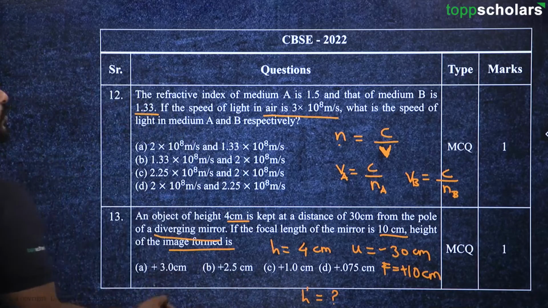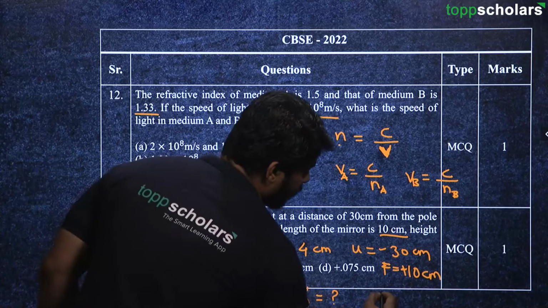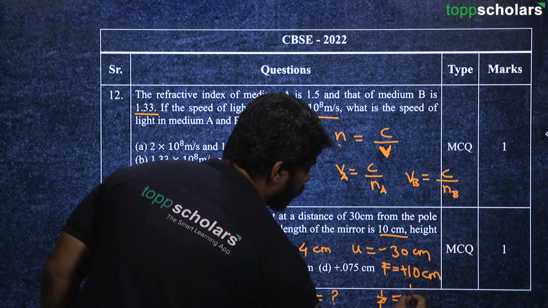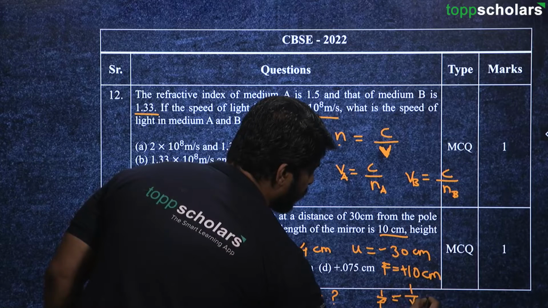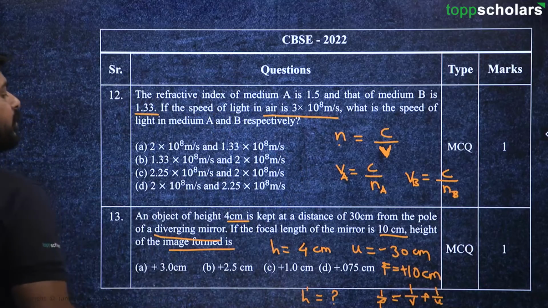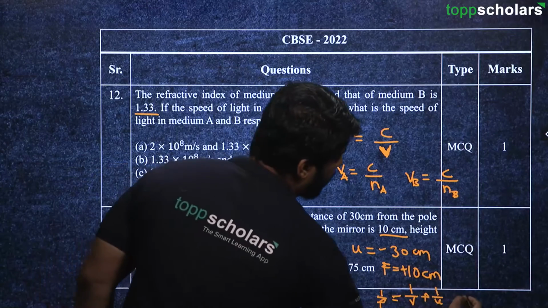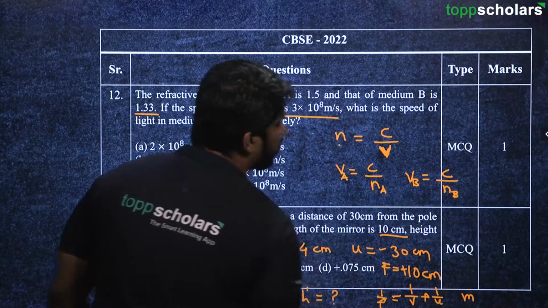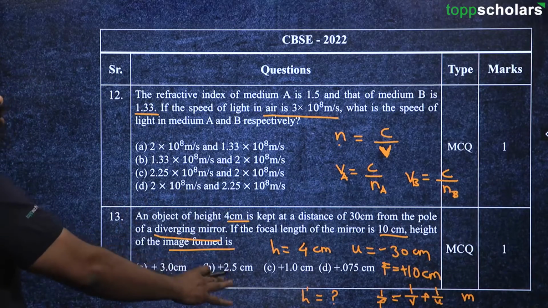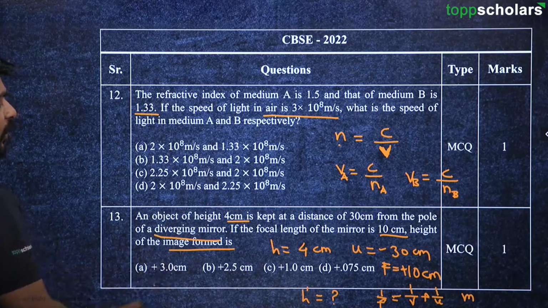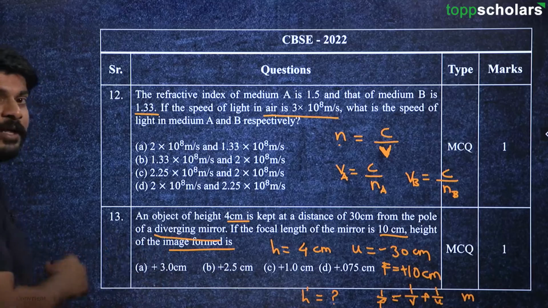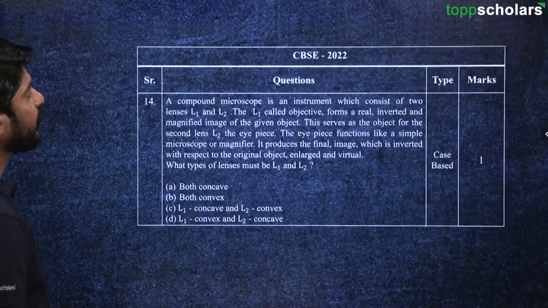Over here we can use the mirror formula, which says that 1 upon F is equal to 1 upon V plus 1 upon U. At the same time, we can use the formula for magnification also, which is nothing but H dash upon H. So we can use all these formulas together and then we can find out H dash easily. You can put these numbers and you can get the answer. Moving on to the next question.